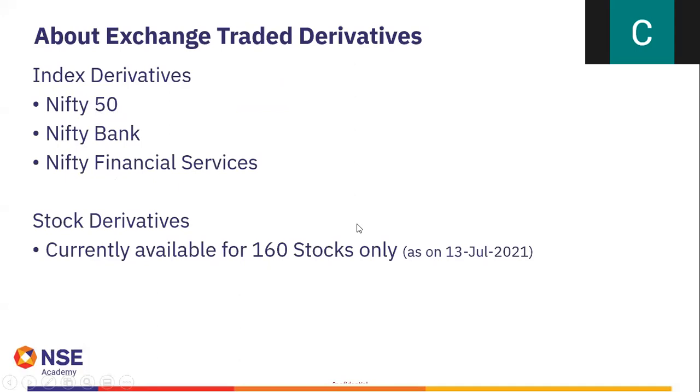Because for any stock to come into this F&O bracket, there are certain parameters, like how actively the stock is being traded, what is the weighted average price of that particular stock. There are many other parameters. So only eligible stocks will come into the stock derivative bracket.